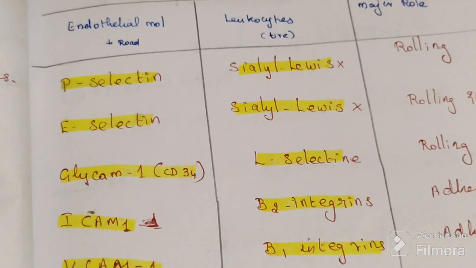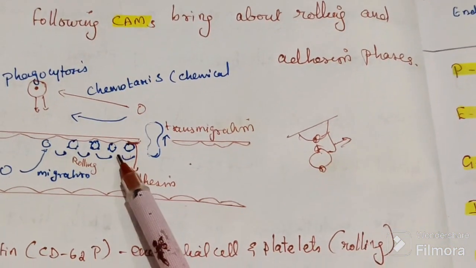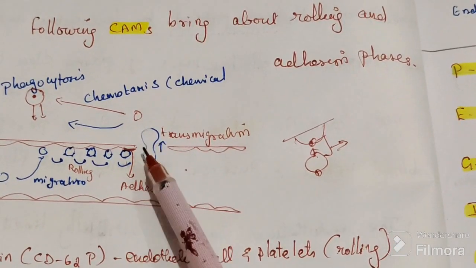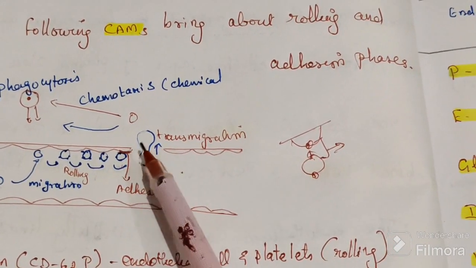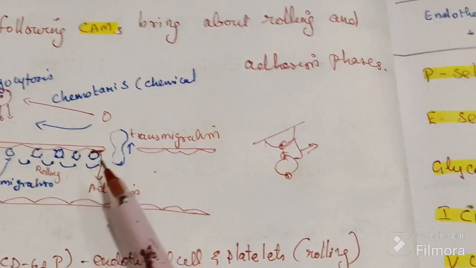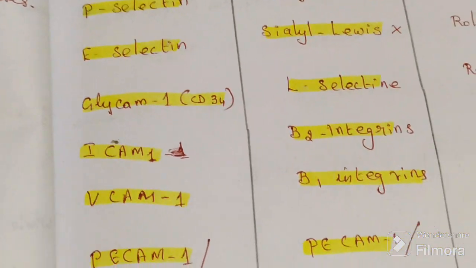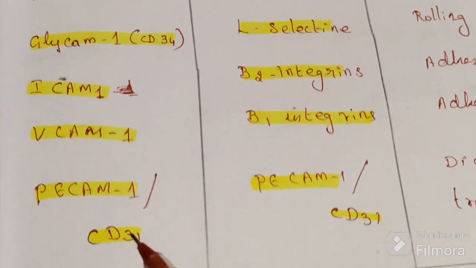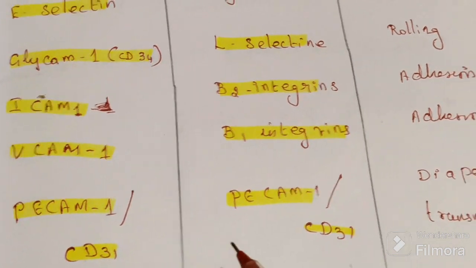After that, now the adhesion process will occur, then it wants to go out. So here both the WBC and the endothelial cell have a single receptor with the same name, PECAM1, also called CD31.